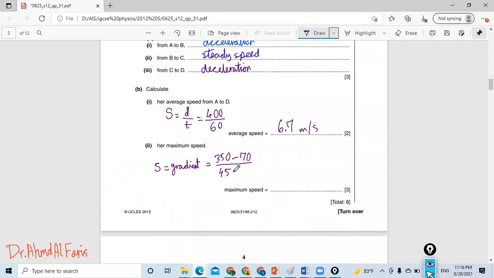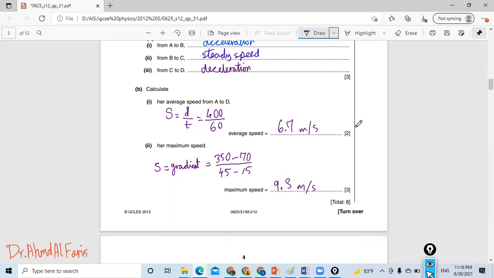By using the calculator, it will be 350 minus 70 divided by 30, and the answer is 9.3 meters per second. That's the first question.